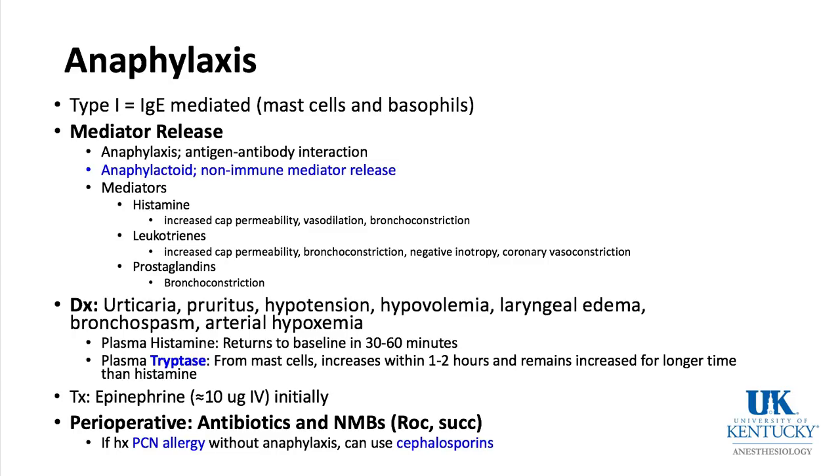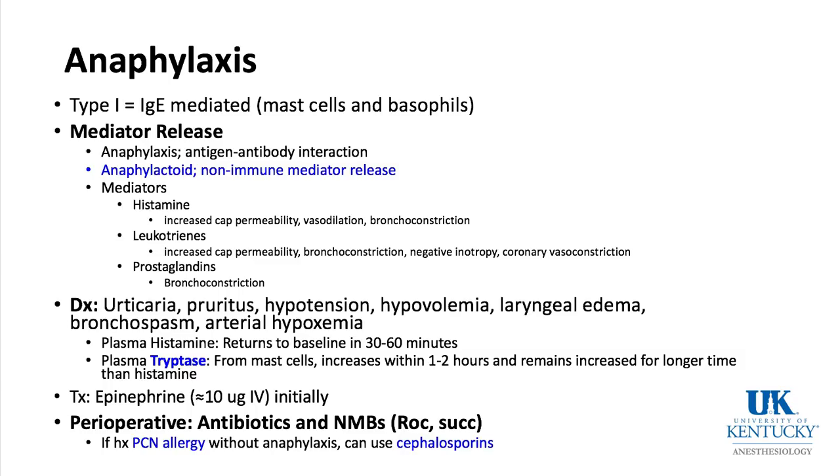Mediated release anaphylaxis can be an antigen-antibody interaction. We say it's anaphylactoid when you have a reaction similar to anaphylaxis with the bronchoconstriction and hypotension and vasodilation, but it's not immune-mediated release, so not IgE-mediated.